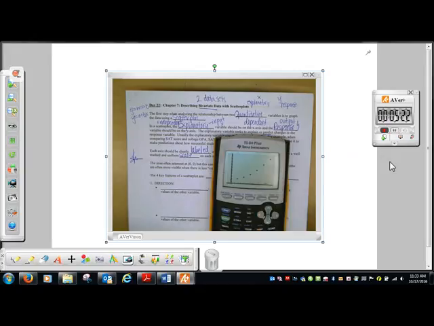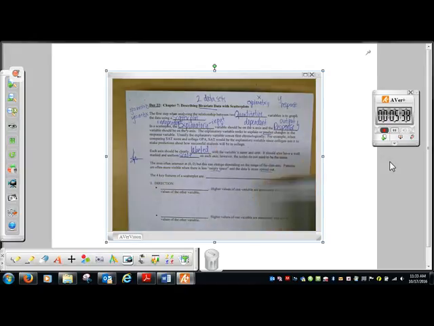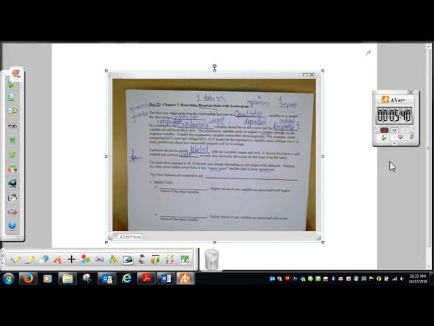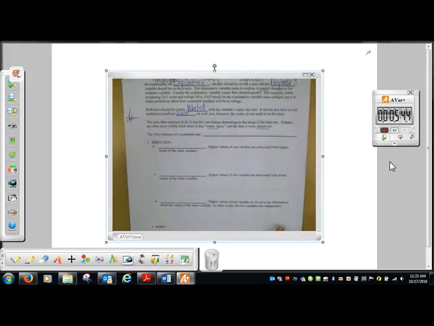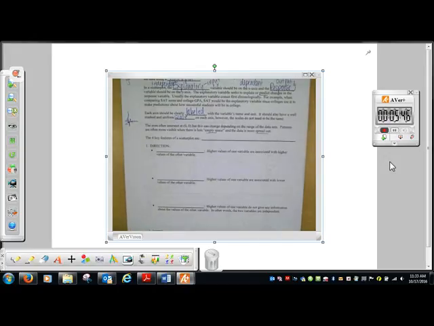All right, so there are 4 key features that you have to talk about in a scatter plot. A scatter plot is basically the picture of the relationship between 2 different distributions. The 4 key features of a scatter plot are direction, form, and form actually refers to the shape, and we'll talk about different options for the shape, and the strength, and we'll talk about what we mean by the strength here.